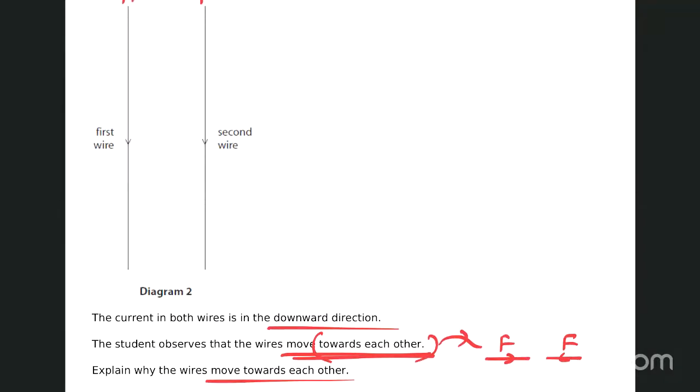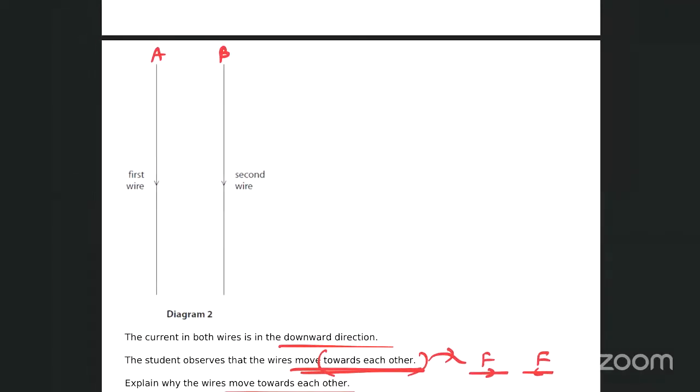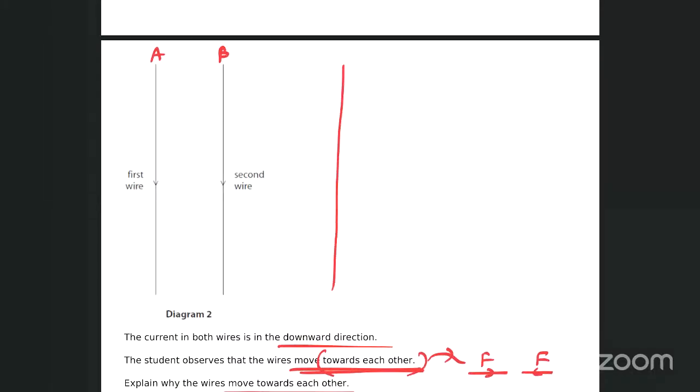Yeah. So this is a good question actually, right? In order to explain it, I'll draw a separate diagram like this. This is wire A, this is wire B, and these are the directions of the currents. Now, what they have given is only the current, but they haven't mentioned anything about the magnetic field.